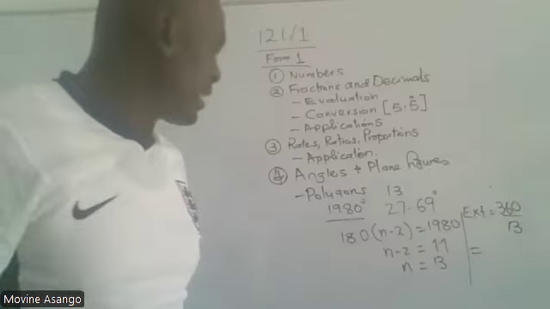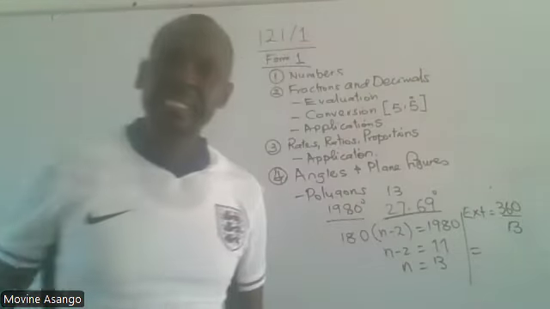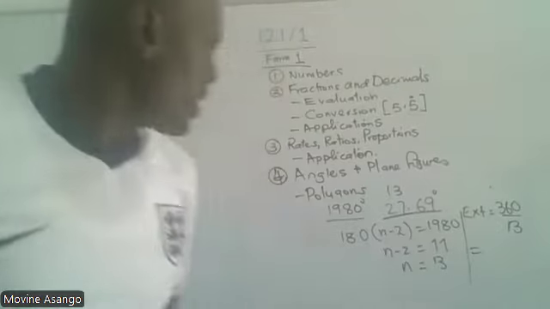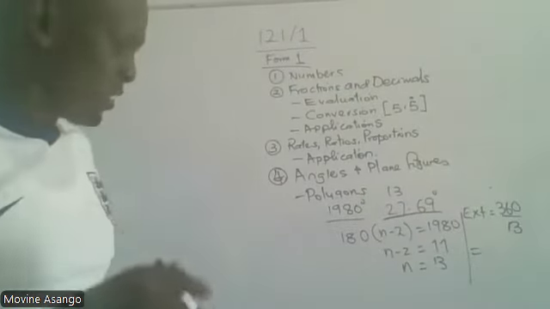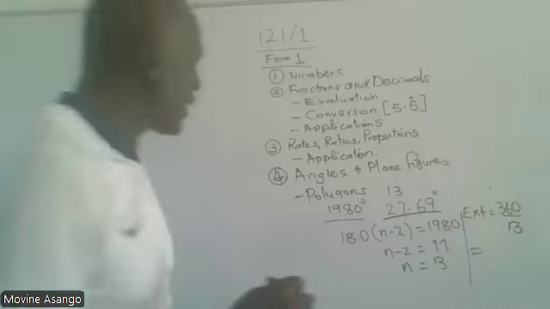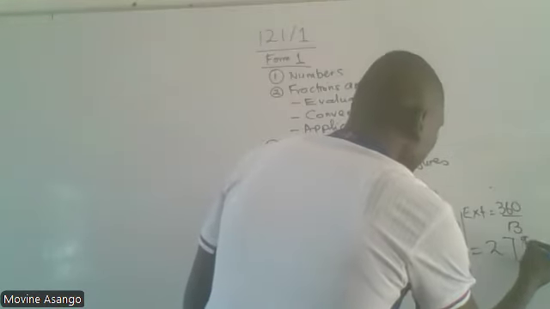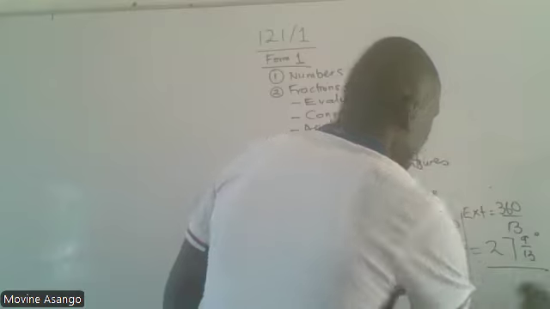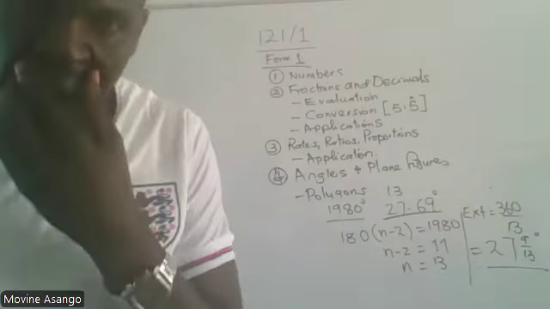If it is recurring, we don't expect you to give your answer in its approximate form, even if it is 4 significant figures. Instead, we expect your answer to be 27 and 9/13 degrees. That is the exact size of the exterior angle.